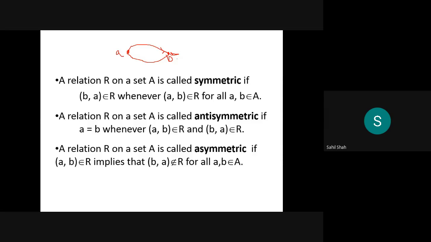You must have both the arrows. This is the shortcut to check symmetricity. So you can draw a diagram and check out whether every outgoing edge is also incoming using the same pair of nodes which are connected. You may have self loops, but that is not compulsory for symmetry. You can or you can skip as out.